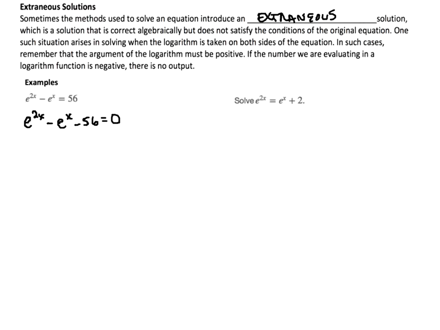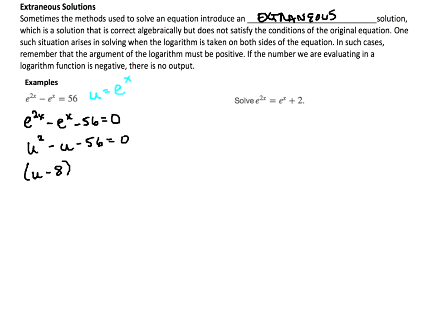I'm going to use substitution. I'm going to call u e to the x. Then if I substitute u in, I have u squared minus u minus 56 equals 0. Now I have a very simple quadratic trinomial to solve.